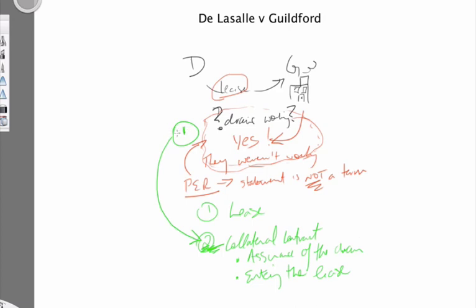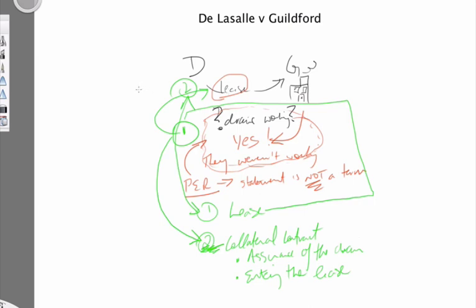Once this is in place, then it sets up the second contract, the lease. Now I hope that reversing those numbers doesn't confuse us too much. But they're saying, look, there's a contract here where De La Salle says, look, if you promise that the drains are working and to make sure that they're working, then I promise to enter the lease. Promise for a promise? Good contract. Okay, I'll do my part, which is to actually enter the lease.